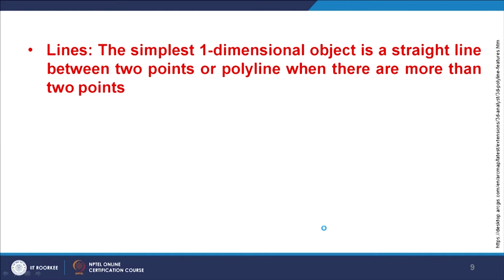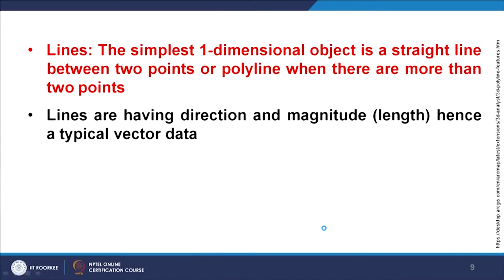But if it is a polyline, as in the example I showed, we had one begin point, one end point or node, and in between we also had 3 internodes. Then that is called a polyline.